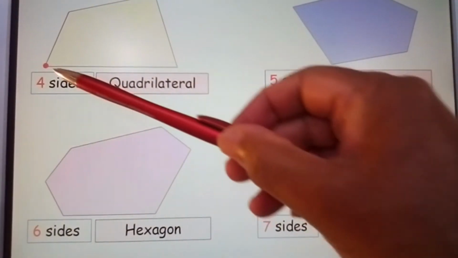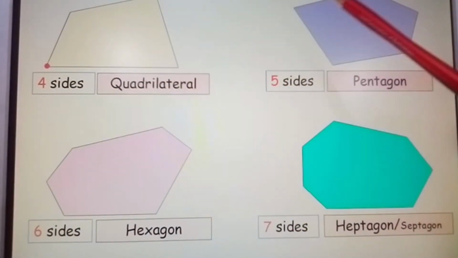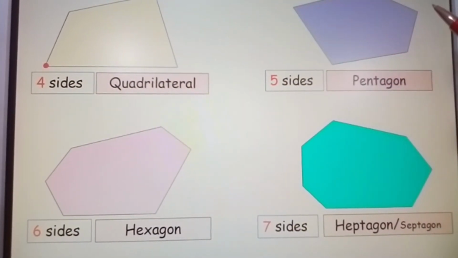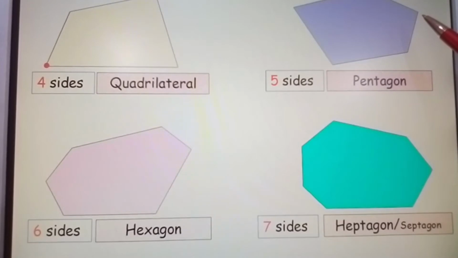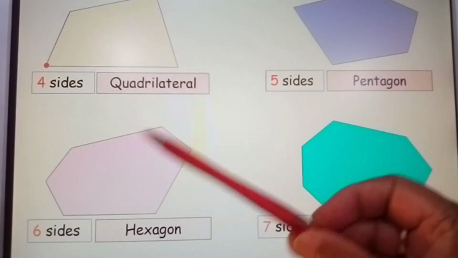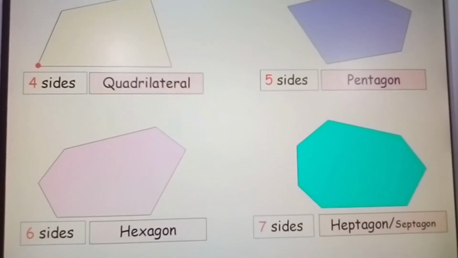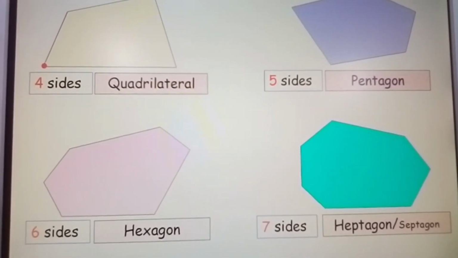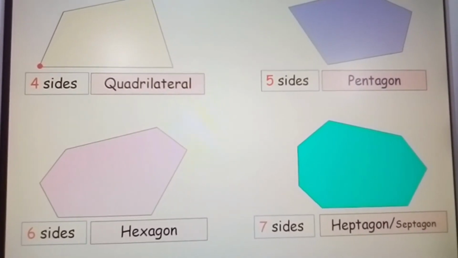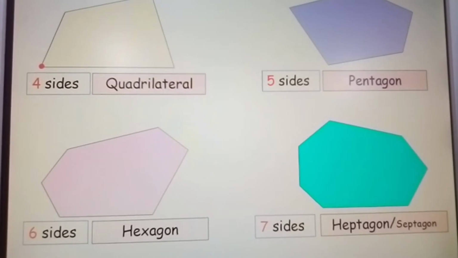In this case, we may have a line drawn from here to here, and so forth, or quite possibly from here to here. But let's see how our lines are drawn in order to give us the relevant angles that we need to add up to find the total for the quadrilateral, pentagon, hexagon, and the heptagon or septagon.